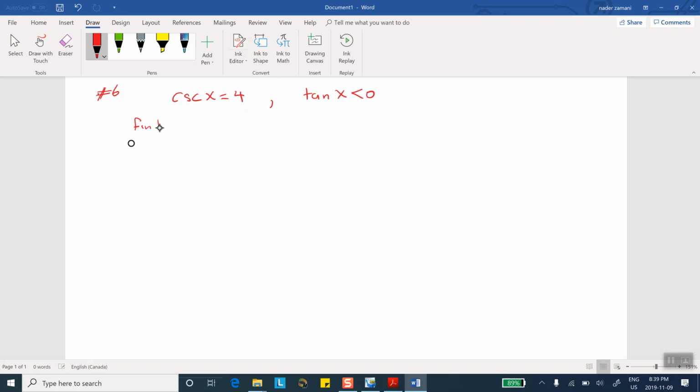Find sine of 2x, cosine of 2x, and tangent of 2x.